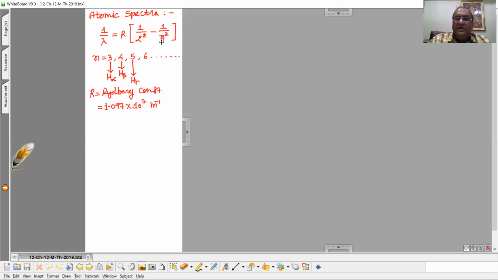Now when you substitute n equal to 3 and calculate the wavelength, that is called the wavelength of the alpha line. The first line is called the alpha line, the second one is beta, the third one is gamma, the fourth one is delta, like that. And this is for hydrogen.